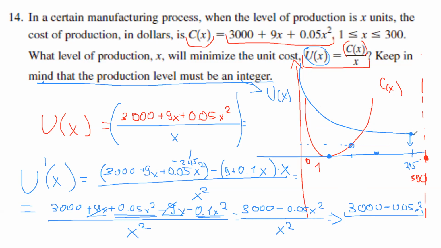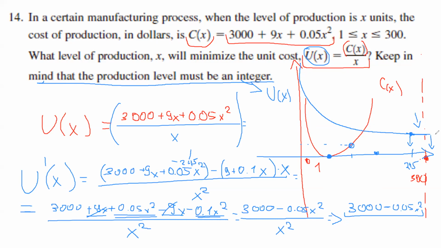After this point, unit cost is not getting smaller, or getting smaller, but not much smaller. You see, it's going to try to approach the x-axis. It will try, because we have a horizontal and a vertical asymptote.